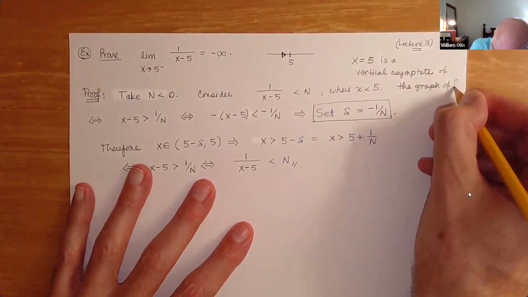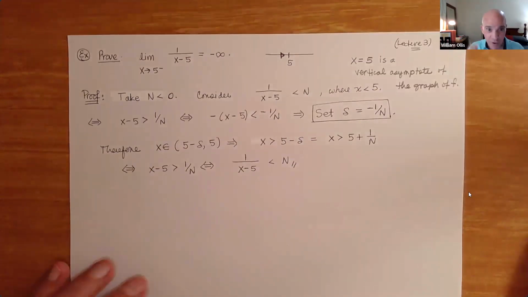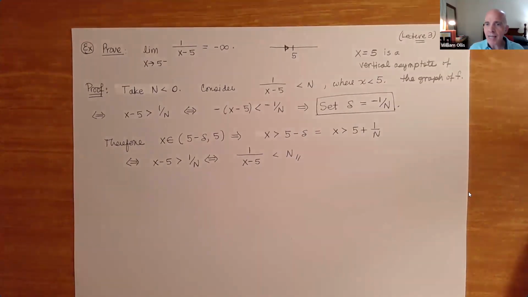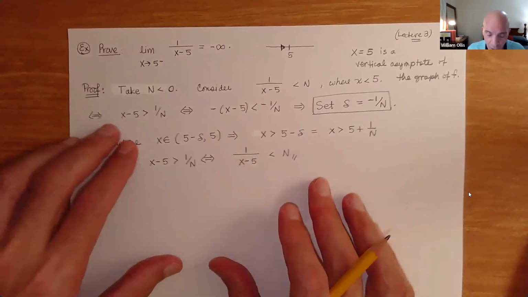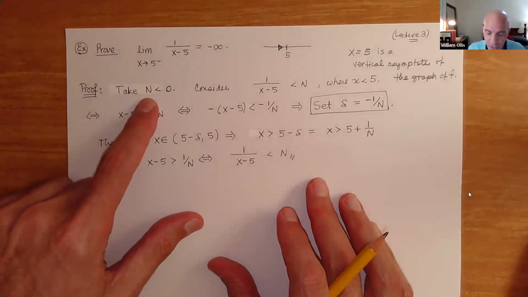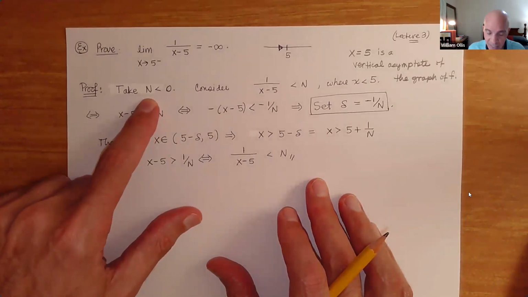Now, if you look at the arithmetic here, it's very simple, and it's just like the standard fare that you do with the regular limits. You work backwards. So that shouldn't be a surprise at all. Now, when you look here, I'm using the same notation as I did before.